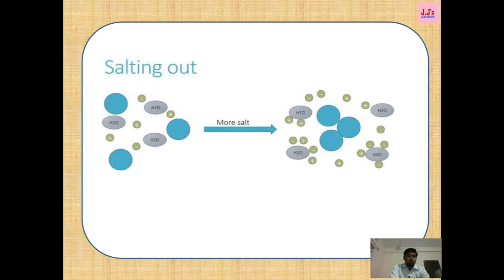Now when you add organic solvent in this aqueous phase, what happens? It easily extracts those solute particles from the water. Why? Because now water molecules are bound to the salting out agent. Now they do not interfere, that means they do not bind the solute particles, and the particles are free to be extracted by the organic solvent.